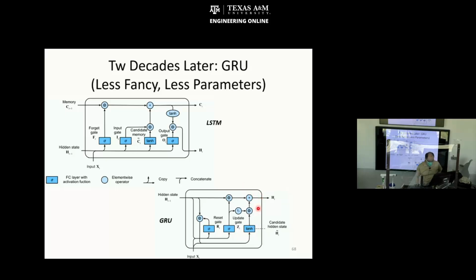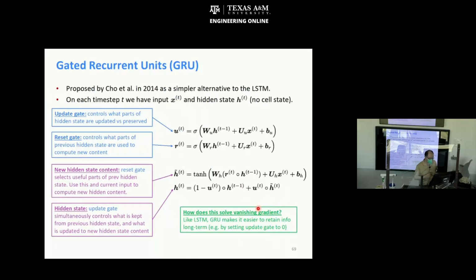So let's try to compare. This was, in 2014, a simpler alternative to LSTM. So in each time step t, we have the input xt and ht, but we don't have ct, the cell state, anymore. And we have 2 gates, the update gate and the resetting gate. These 2 gates take ht-1 and xt as in the previous formula.